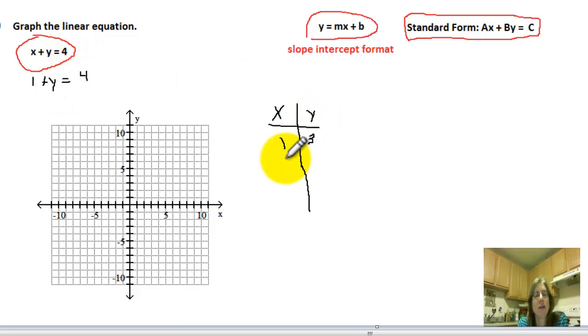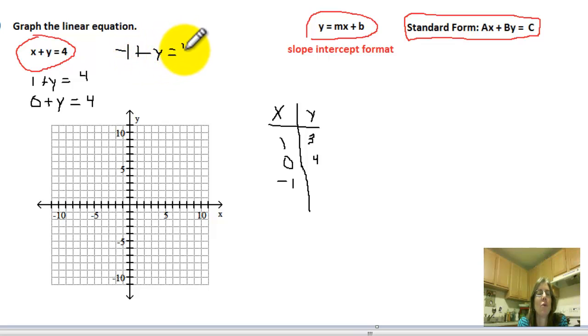So if I plugged in a 0 value for x, then I would say x is now 0 plus y equals 4. So what did I add to 0 to get 4? Well, I added 4. Okay, so let's try negative 1. So if x is negative 1 plus y equals 4, what do I add to negative 1 to get a positive 4?